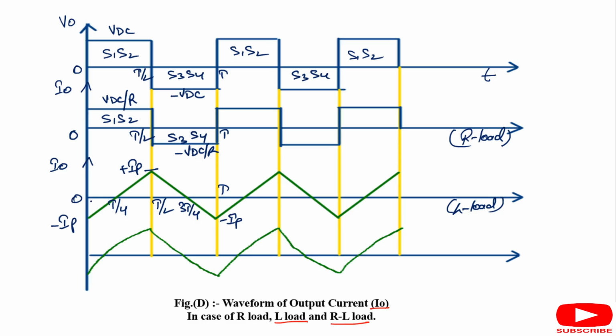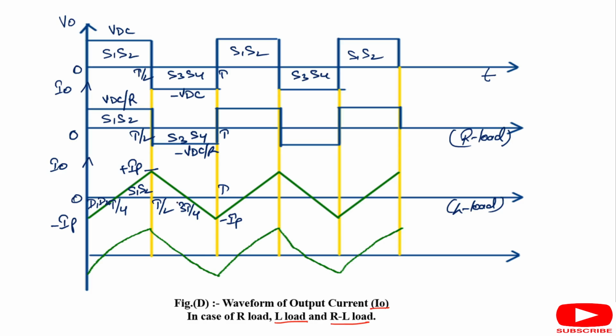So in this region D1 D2 is conducting, because in this region output current is negative but output voltage is positive. And for conducting the switch S1 S2, the output voltage and output current will both come out to be with positive sign. So that's why here S1 S2 is conducting.